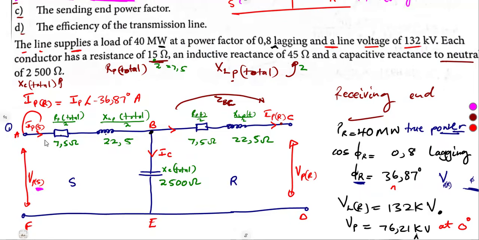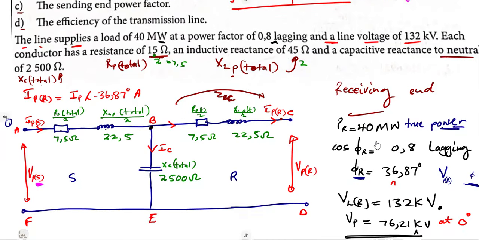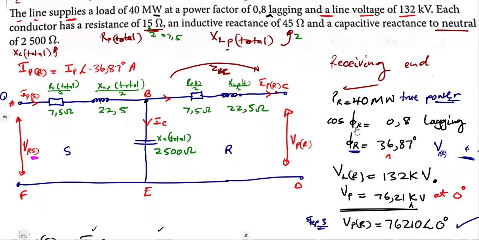The current on the sending and the current on the receiving are different, so therefore the voltage drops are different. So do not say that because I said the impedance between A and B and B and C are exactly the same, you also take the voltages. No, do not make that mistake.